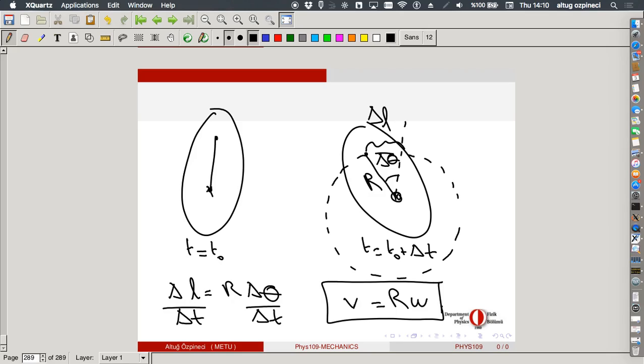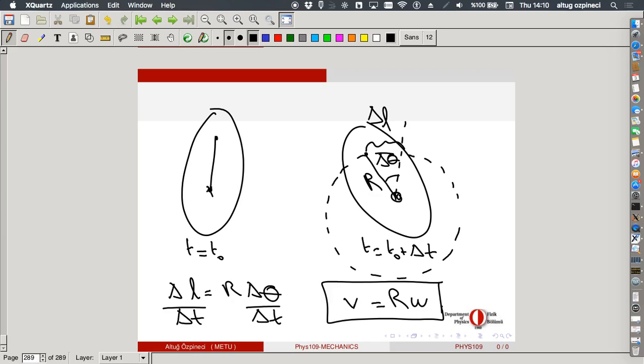So again, if you go back to this example, my wheel is rotating. This point has some speed. This point will also have some speed. But since this point is further away than this point, they all have the same angular velocity. They are on the same rigid body, so the angular velocity is the same for all the points.